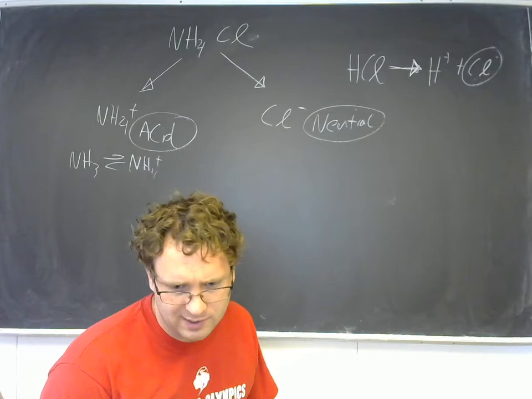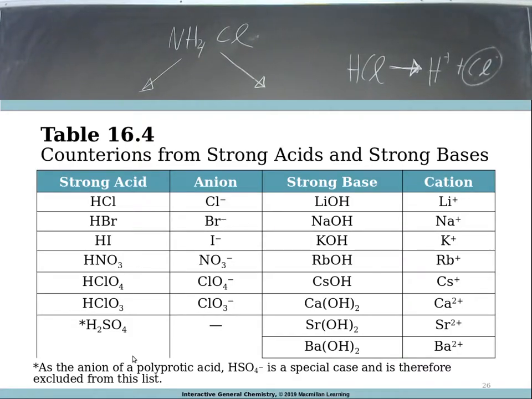So we can see table 16.4 shows all of the counter ions from strong acids and strong bases that we can assume are going to be neutral in terms of pH. All the anions to hydrochloric acid, hydrobromic acid, hydroiodic acid, nitric acid, perchloric acid, and chloric acid.